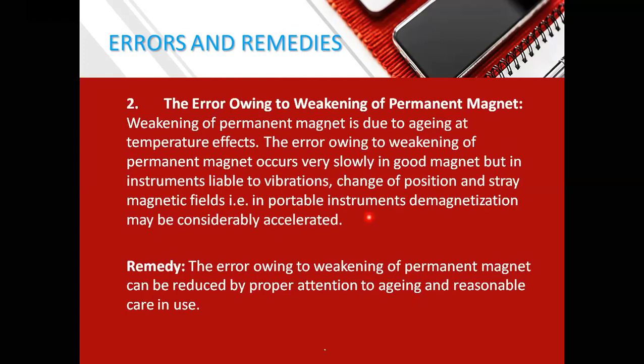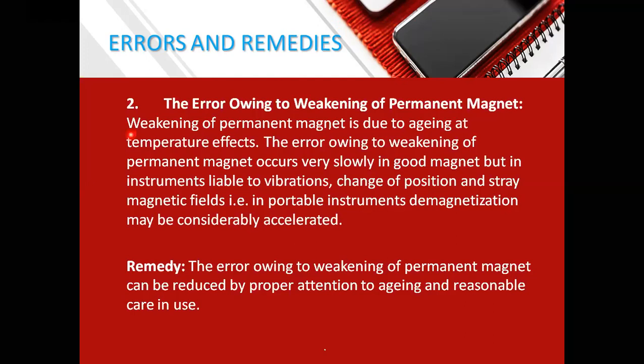The second one is the error owing to weakening of permanent magnet. We have seen that permanent magnet is used in PMMC instrument. The permanent magnet strength will not be the same as it ages. Aging means as days pass on, the field strength of the magnet will not be the same.